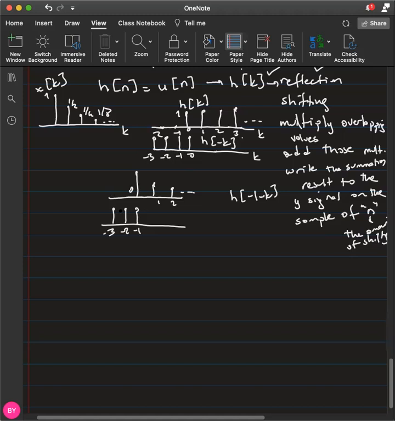Is there any kind of multiplication overlap over here? All these values will be multiplied by zeros, so there is no output for minus 1 or minus 2 or other negative values, and they are all 0. My output will be all 0 before 0.